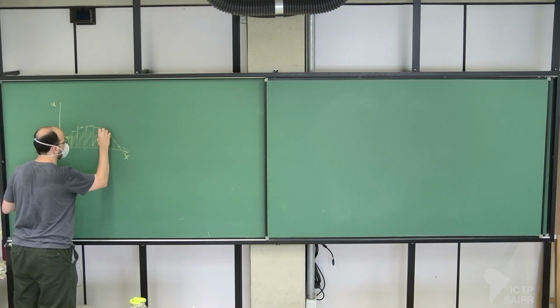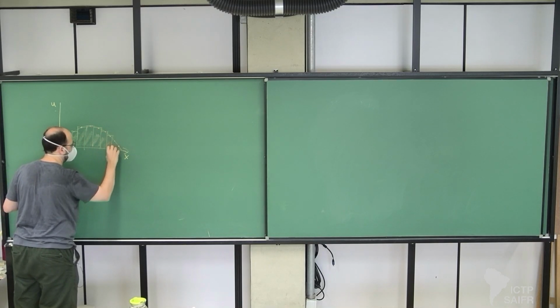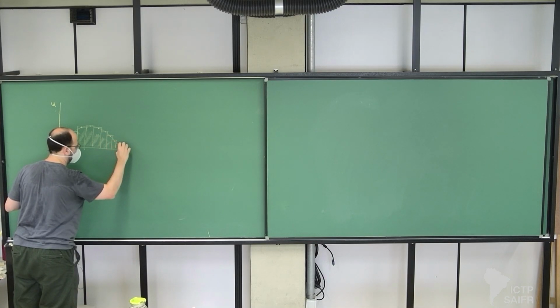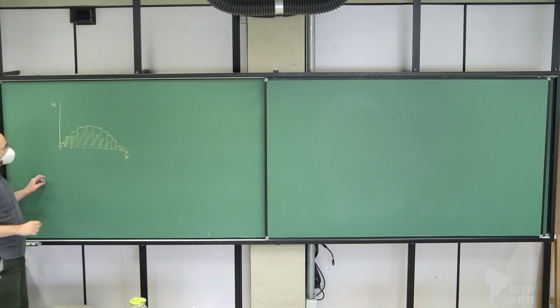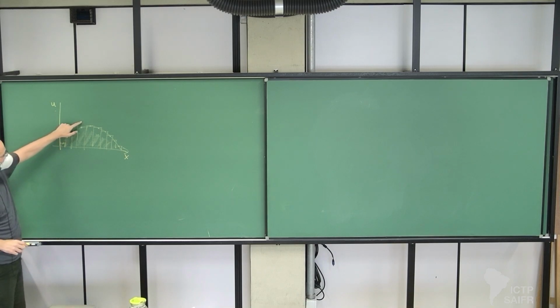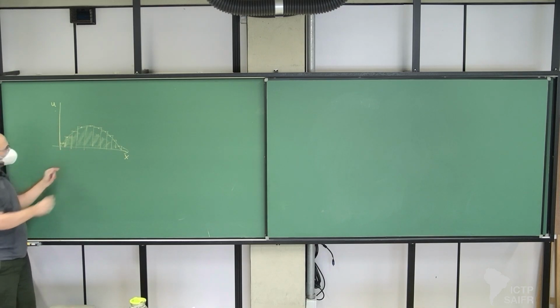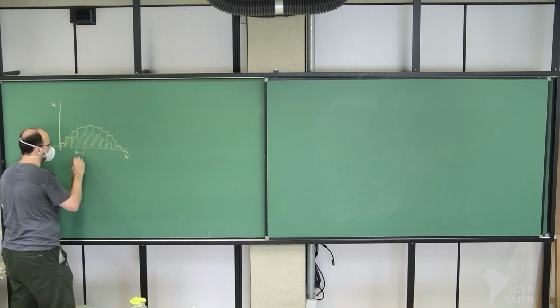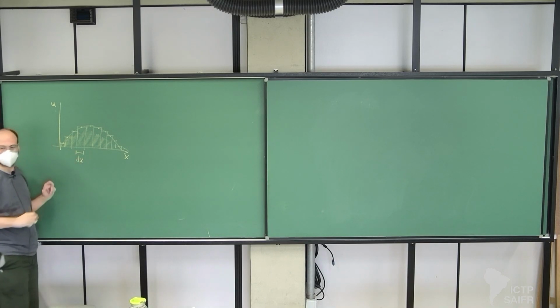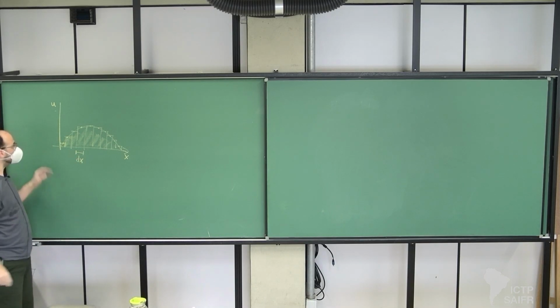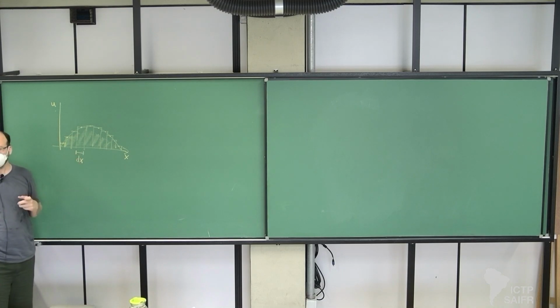Something like this. You see? So if I just sum all of the values, I have to then multiply by the size of delta x. So we can just sum the values and multiply by delta x. Okay? So this is one way to calculate the total population.